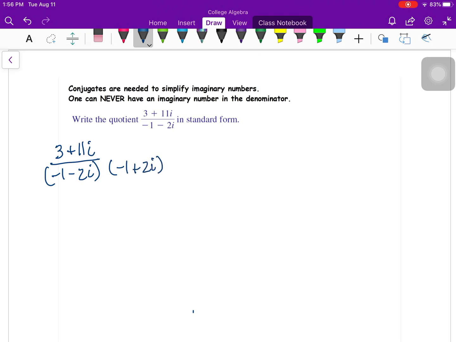Same first term, same last term. One's a plus, one's a minus in the middle. So what I do to the denominator, I must also do to the numerator. So I'm also going to multiply the numerator by negative 1 plus 2i.